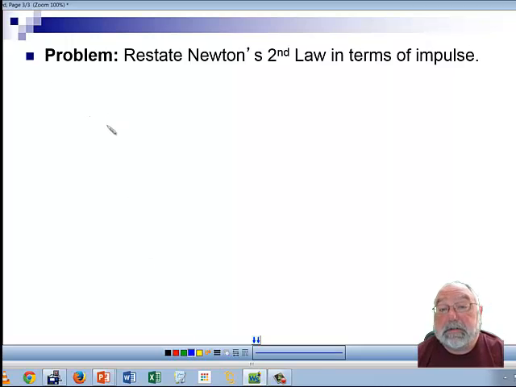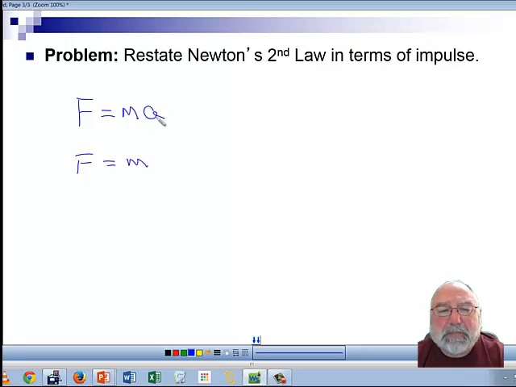Well, let's write Newton's second law. F causes a mass to accelerate. Okay, well that's cool. So force is equal to mass times acceleration. Well, what's another way of writing acceleration? What is acceleration? Well, it's the change in velocity during a period of time. Huh, I think we're getting someplace. Now, what if I multiply both sides by delta t?